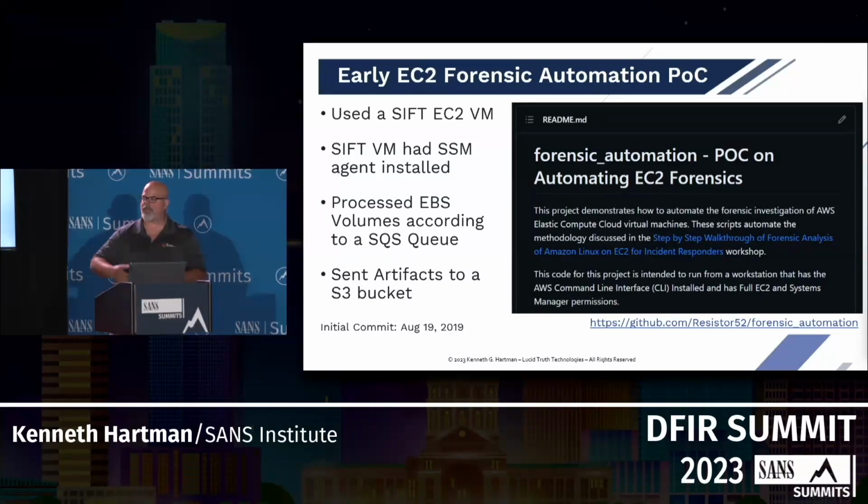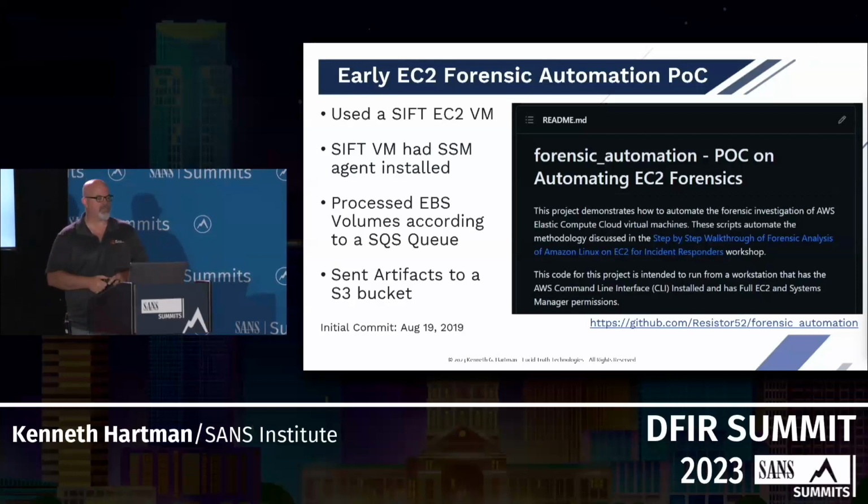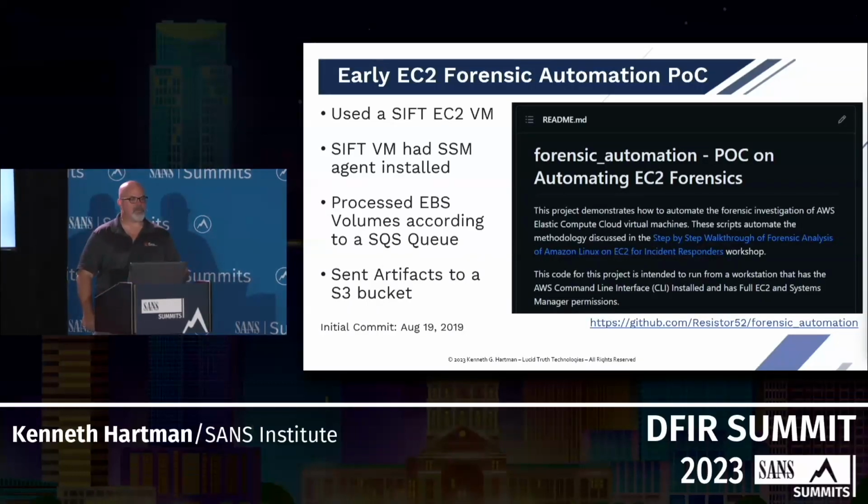And then we had the Systems Manager remote control the SIFT workstation virtual machine to do a bunch of processing. And we did that according to a queue. So we could use the Simple Queue Service within AWS to tell it which EBS volumes to process. So pretty neat idea, but I'm not the most amazing AWS architect, so it was rather clunky.